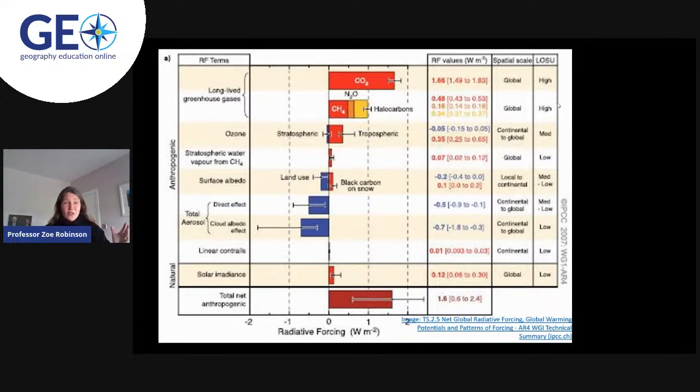So we know that they force the climate in a warming direction, and we have a high level of scientific understanding about that. And what I'm going to really focus on throughout this session is more about those greenhouse gases around and about the carbon cycle.